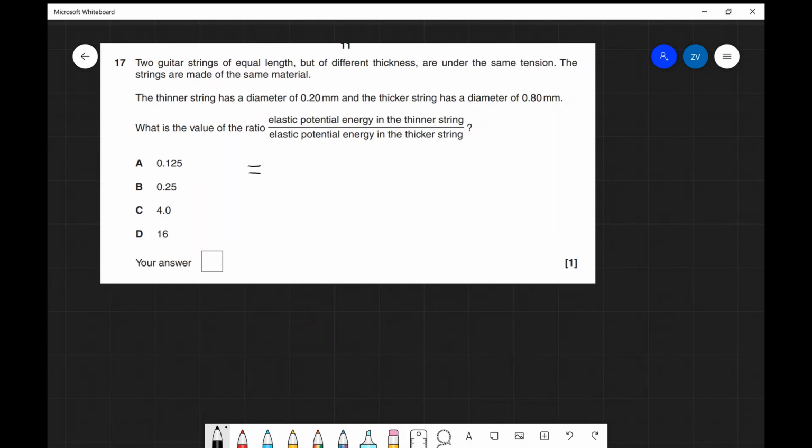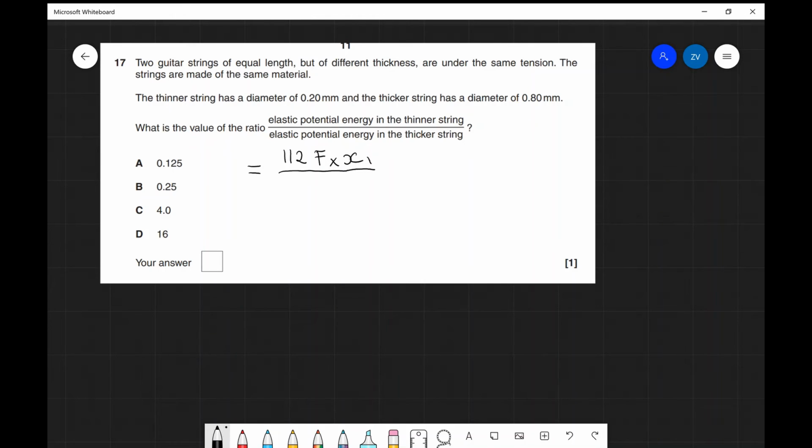So what is the formula for the elastic potential energy in the thinner string? The formula of elastic potential energy is a half times the force times the extension. And let's say in the thinner string, that has an extension x1, and we're going to divide that by the elastic potential energy in the thicker string.